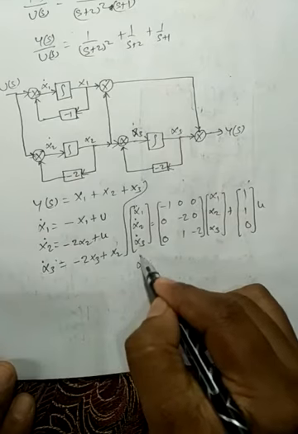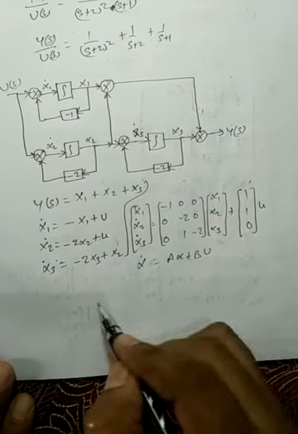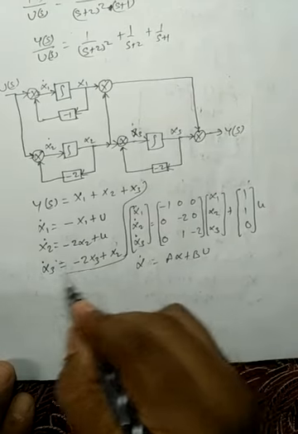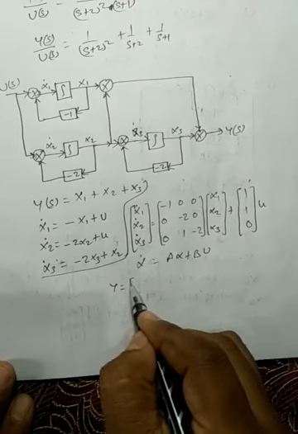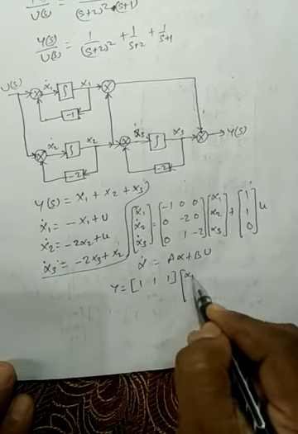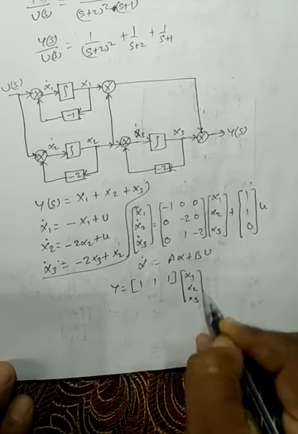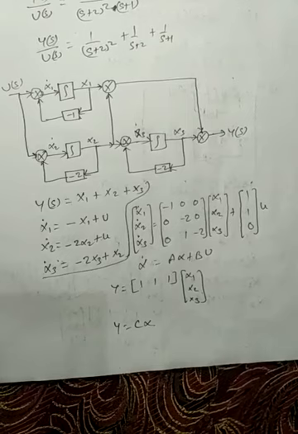So this is x dot is equal to Ax plus Bu, and y is equal to [1 1 1] [x1, x2, x3]. So y is equal to Cx. This is the state model.